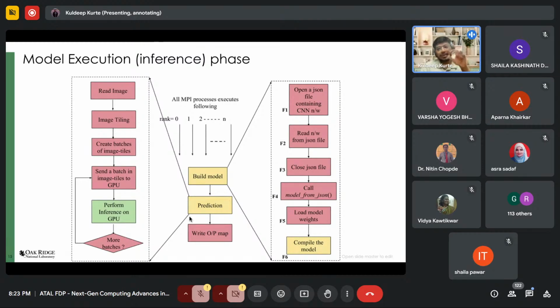Once the prediction is done, it will write the output map, which I already described to you. It is typically a binary map. Typically, it has a probability value, so instead of directly saying 1 or 0, we can say it's the probability of a pixel being settlement. So that's the output map that we write. That's how, in a broad sense, the model execution phase looks.